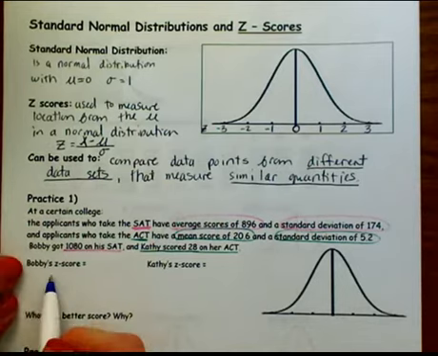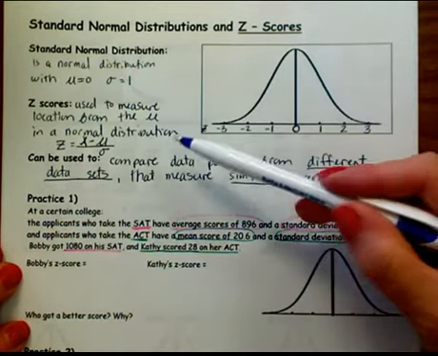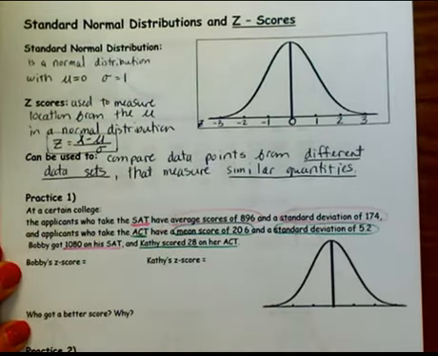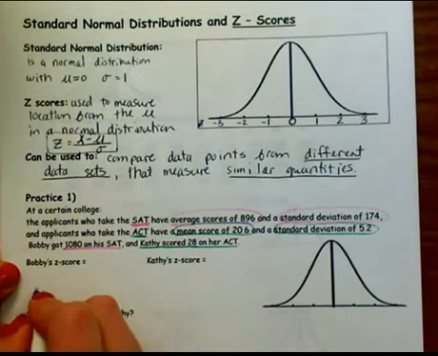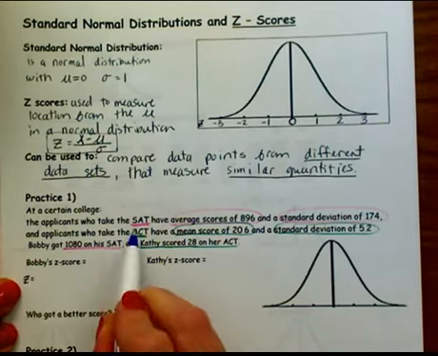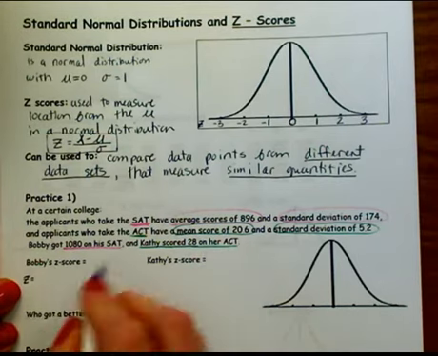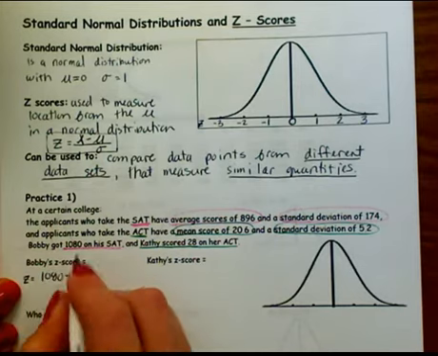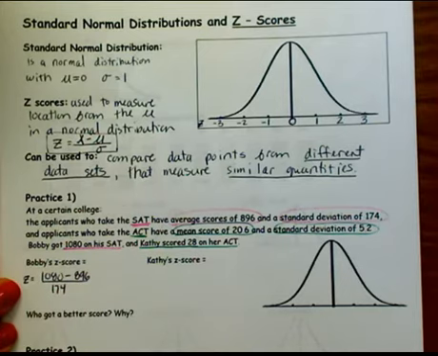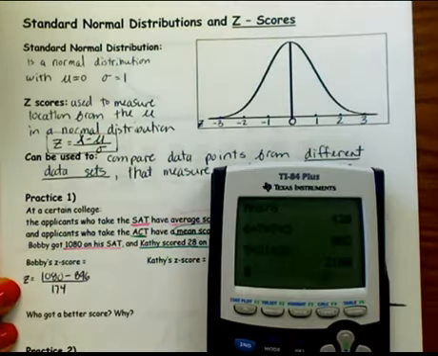Let's go ahead and find Bobby's Z-score. Okay, so my formula is up here: data minus mean over standard deviation. So Bobby's Z-score is data, Bobby has a SAT, so 1080 minus 896 divided by 174, which is 1.06.